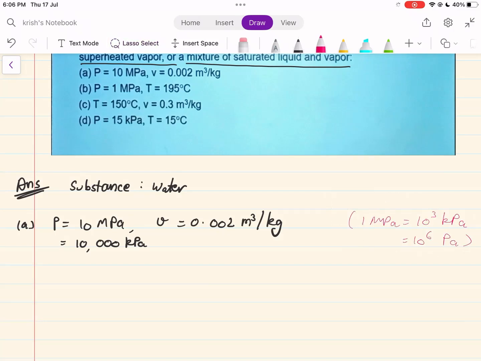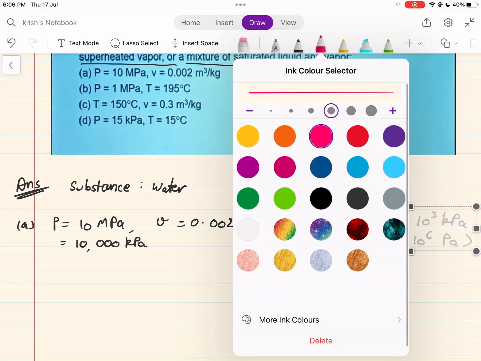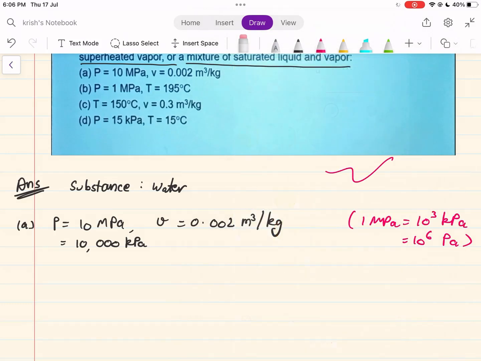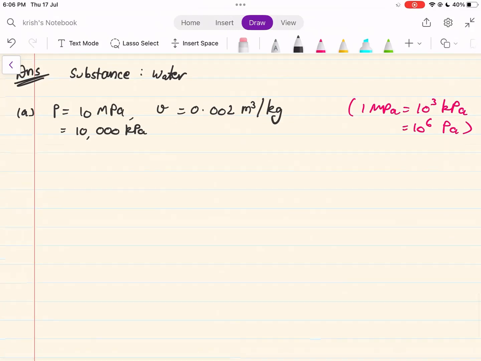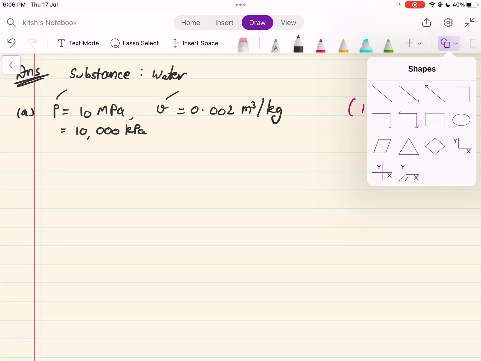I'll just do this in pink. Yep. And yeah, so now we have been given P and we have been given V.